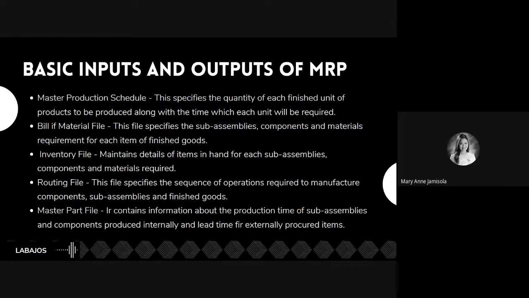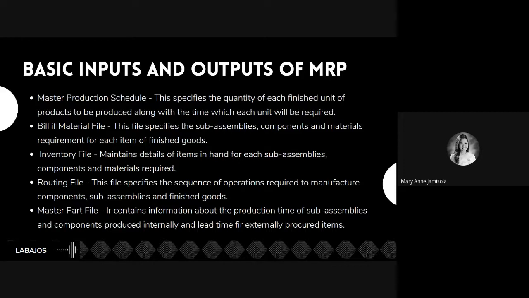Then we have routing file. This file specifies the sequence of operations required to manufacture components, sub-assemblies, and finished goods. So routing file goes from this department or this activity to another activity. Example, first activity is cutting, and then proceed to machining, and then proceed to sewing and so on.